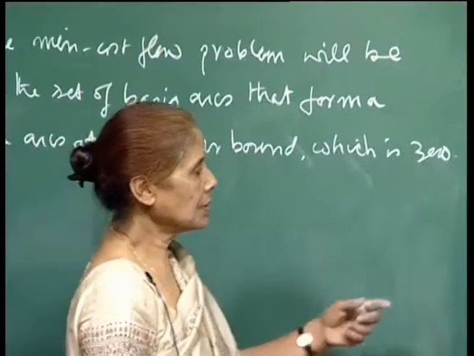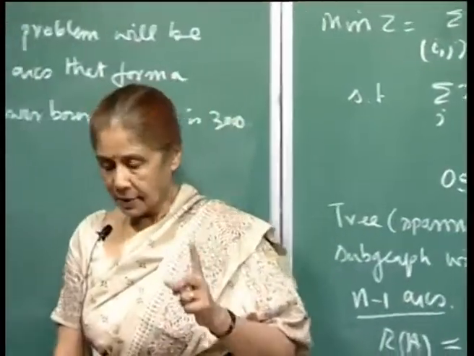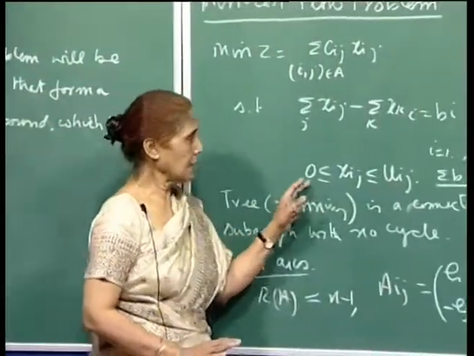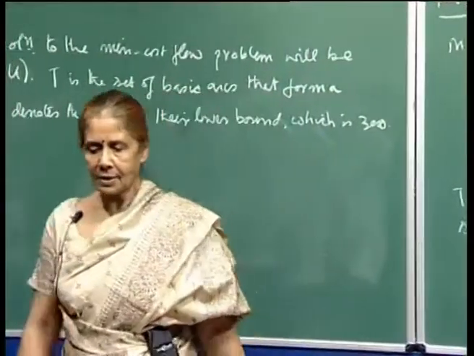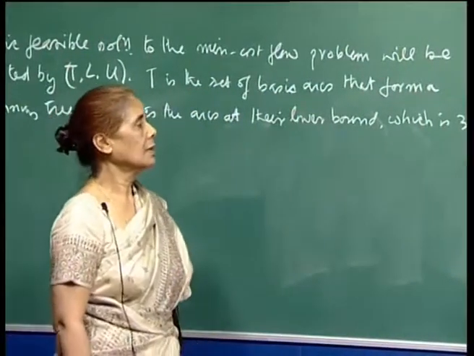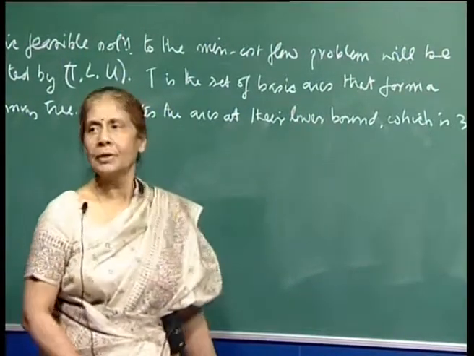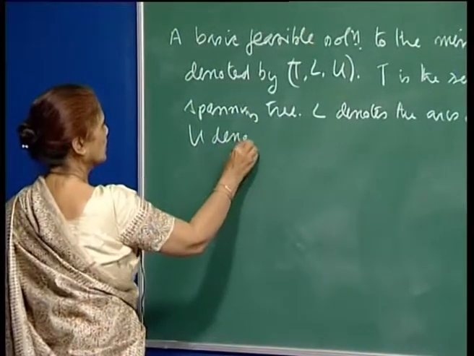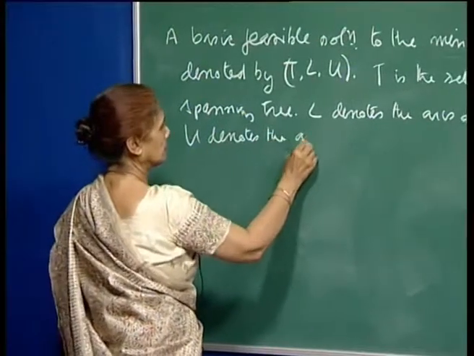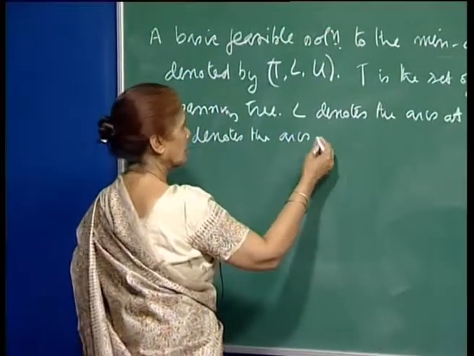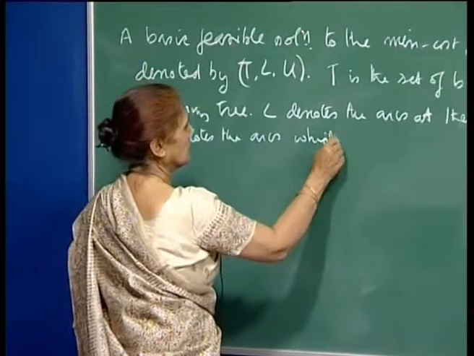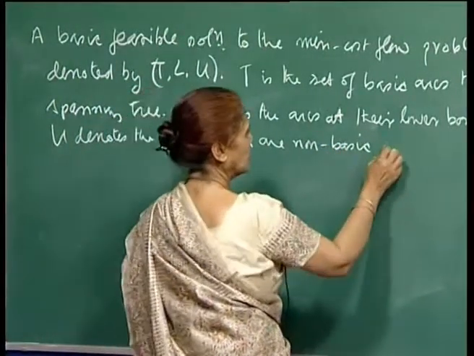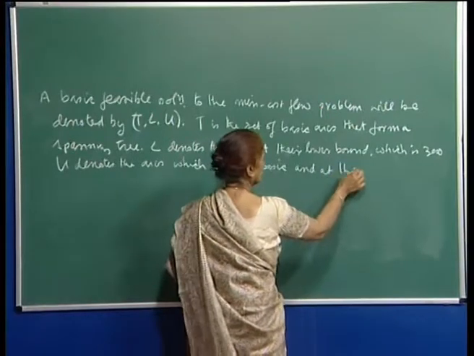See, we could have a general situation where even your lower bounds are not necessarily zeros, but we will first discuss this case, and then once you understand this, then with a little modification you can handle the case when the lower bounds are also different from zeros, okay. And U denotes the arcs which are non-basic and at their upper bounds.